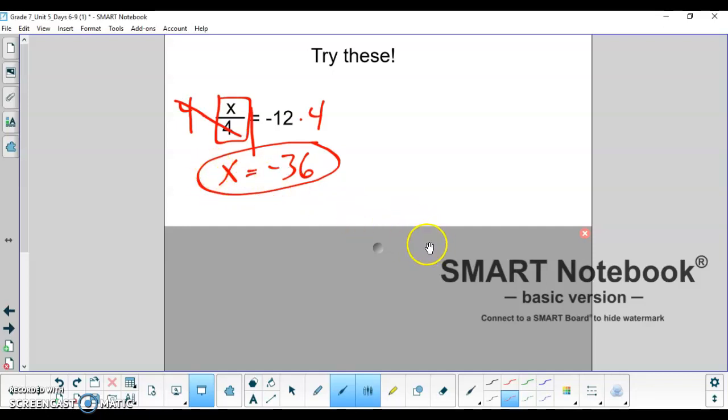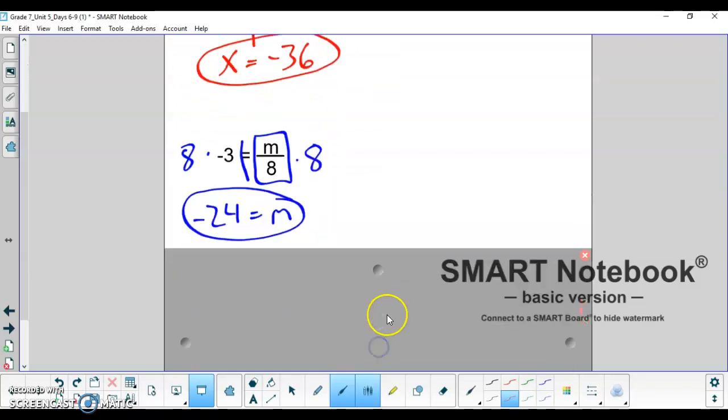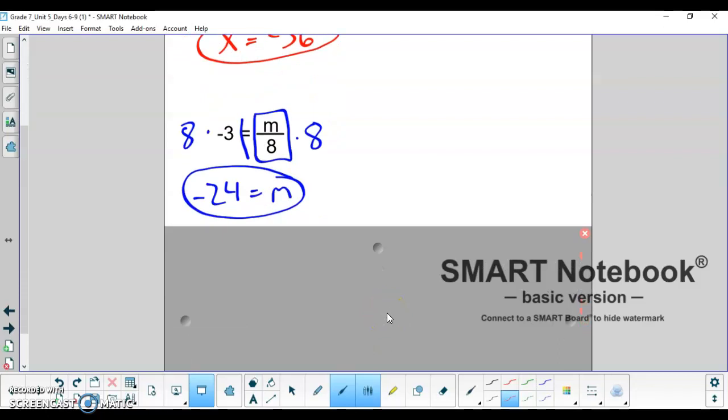So you should have gotten x is equal to negative 36 for that first one. The problem that was in the middle, I have right here. So we have negative 3 is equal to m divided by 8. I said that m was being divided by 8, so I needed to multiply each side by 8 to get rid of that 8 and to get m by itself. And then 8 times negative 3 would be negative 24.